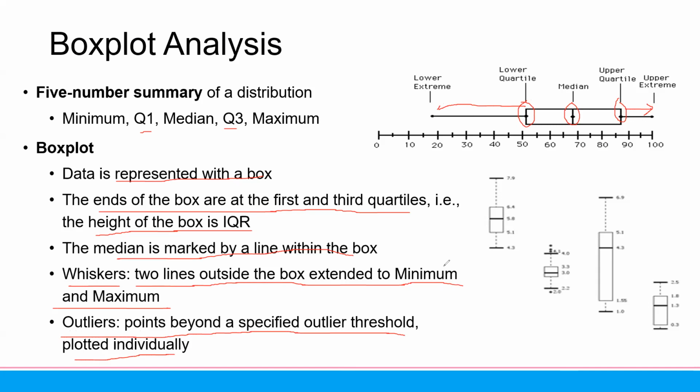So if I have a box plot like this, this is the whisker line, and this is the outliers, this is the median, and this is the Q3, this is the Q1.